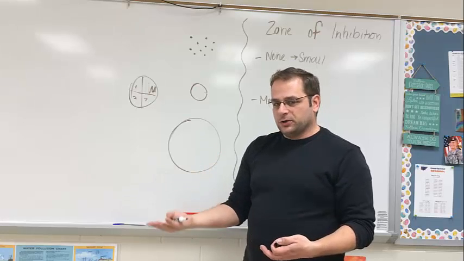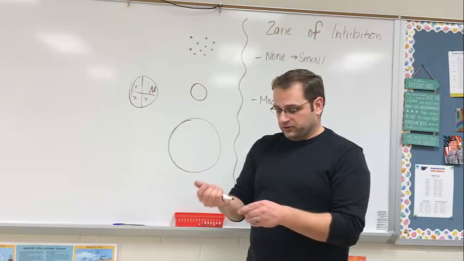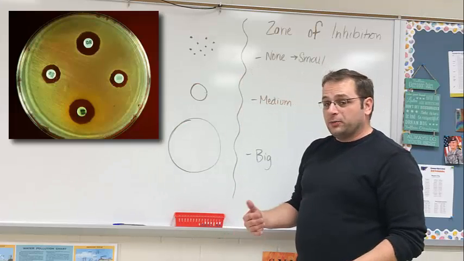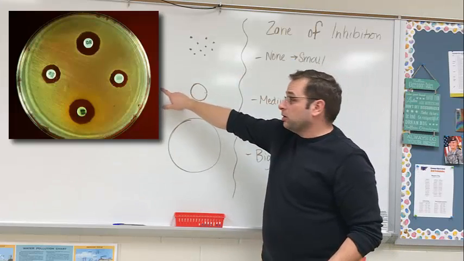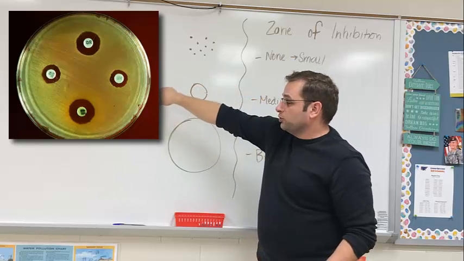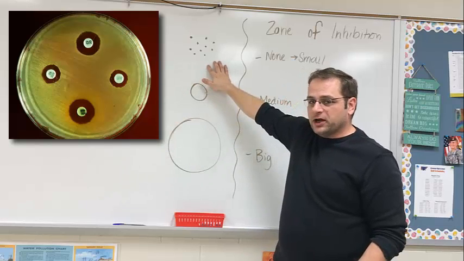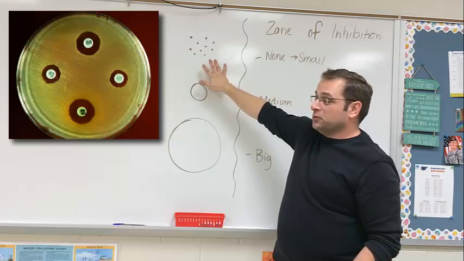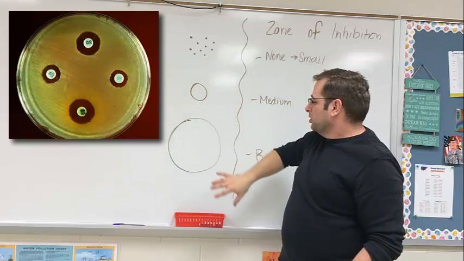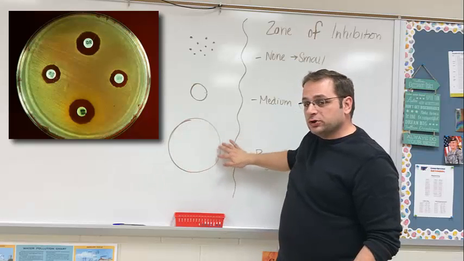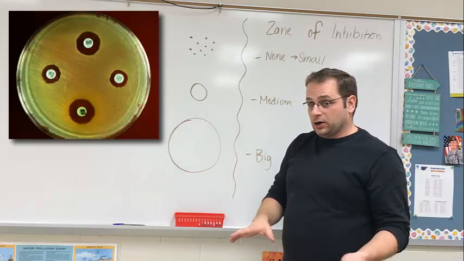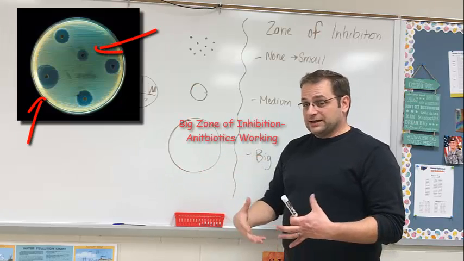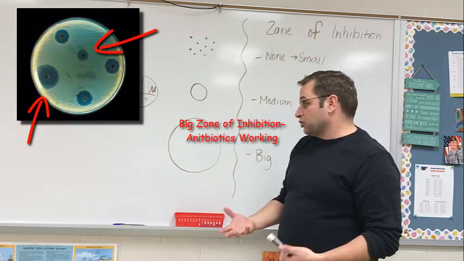We're going to come back after a couple days and check the effectiveness of that. If there are only a couple dots in a quadrant, 1, 2, or 3, it's probably not really working. These are mutant cells or just outliers, okay? But if we get a big circular area that's different from the agar, the clear jelly, we know it's really working, because that's killing the bacteria in that section.